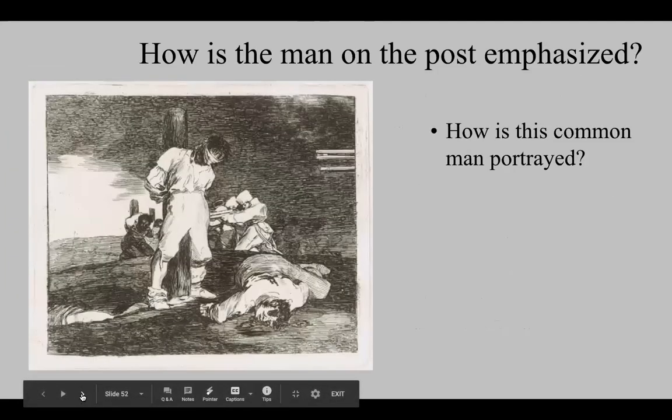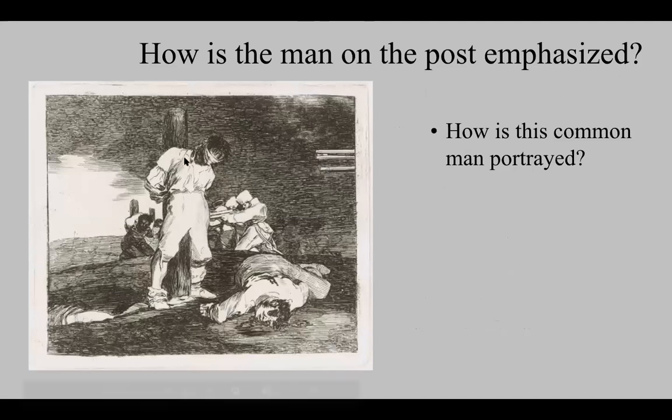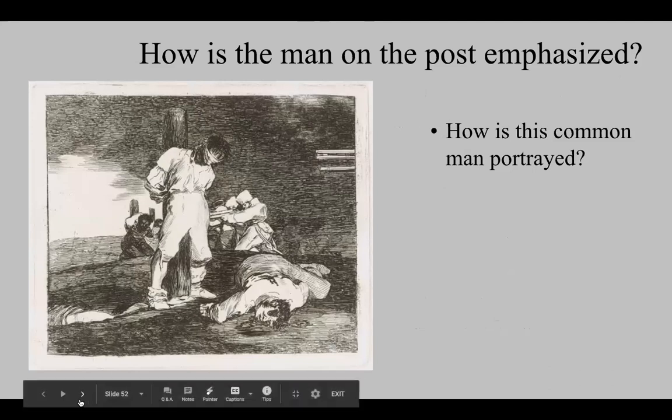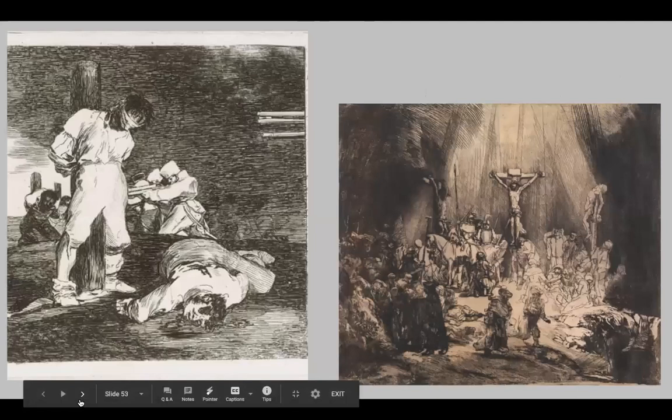So notice that this person in the front is basically a symbol of the common man. And how is he emphasized? We talked about the lighting already, but he's given a very Christ-like status. You often see during this time that man is portrayed like Christ.